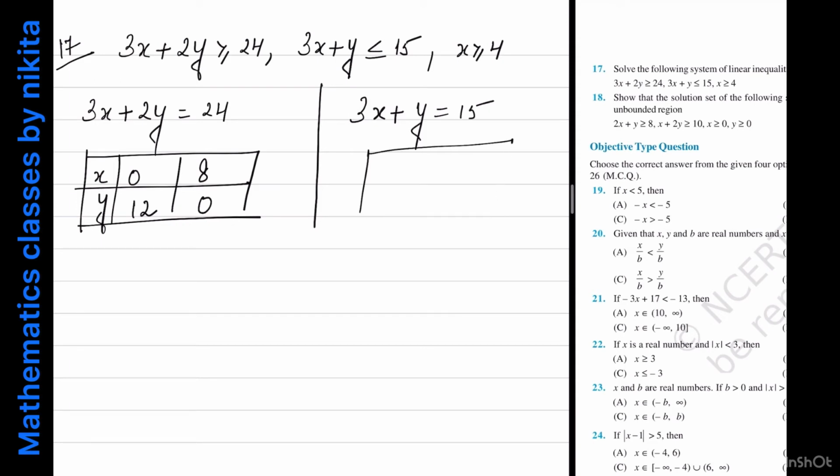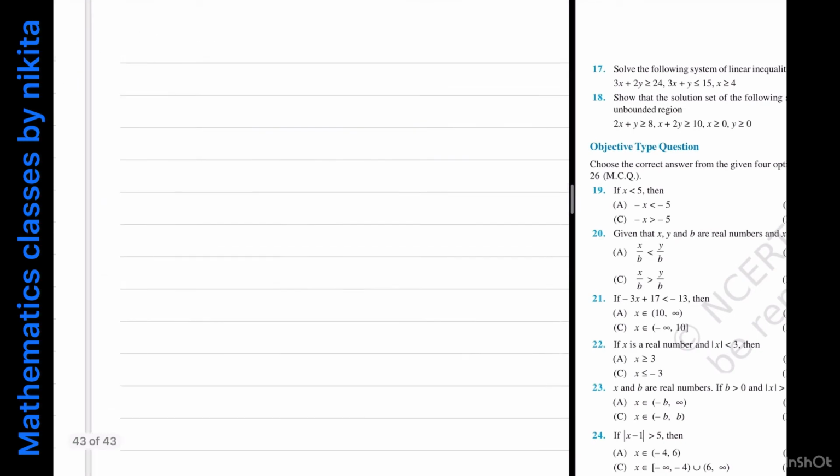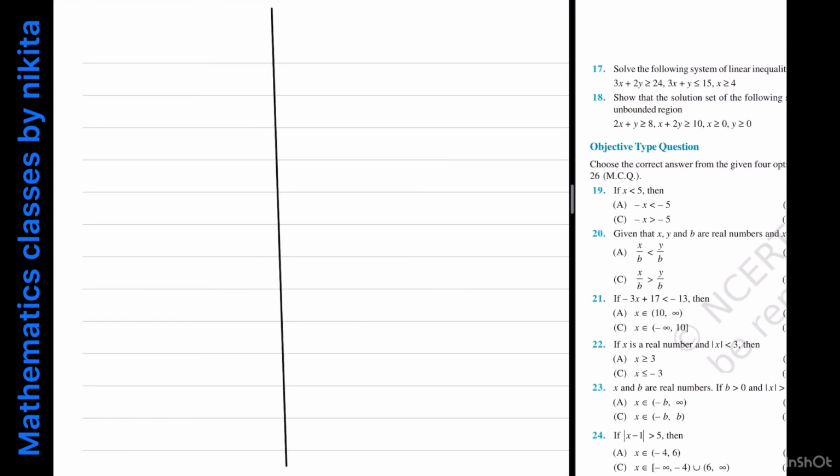So this line will pass through the points when x is 0, y is 15, and when y is 0, x is 5. And the third line is x greater or equal to 4. So let me plot the region first.